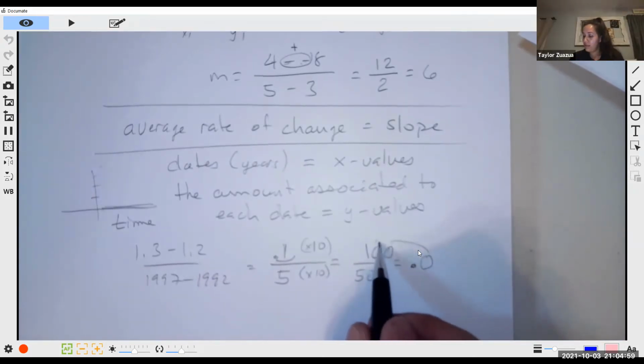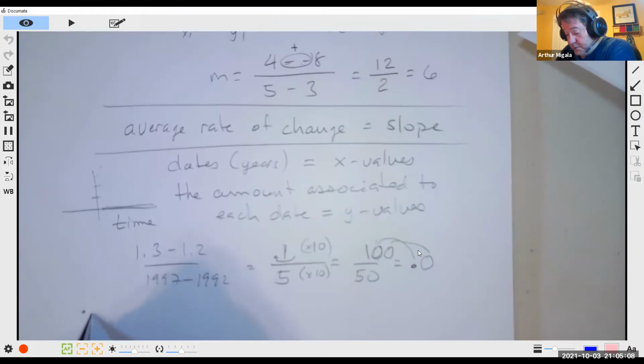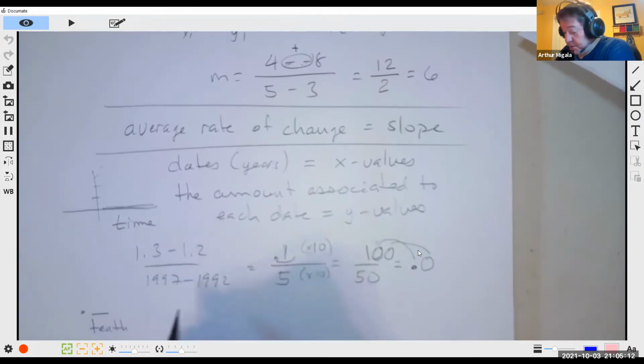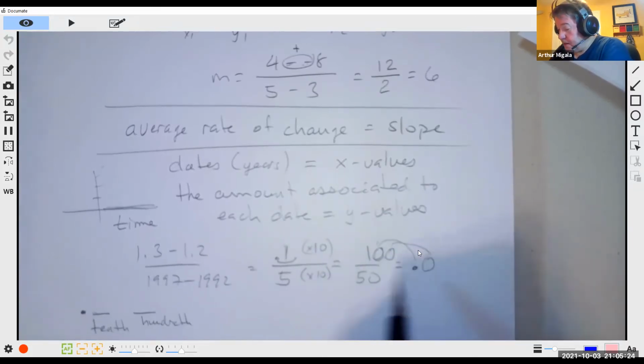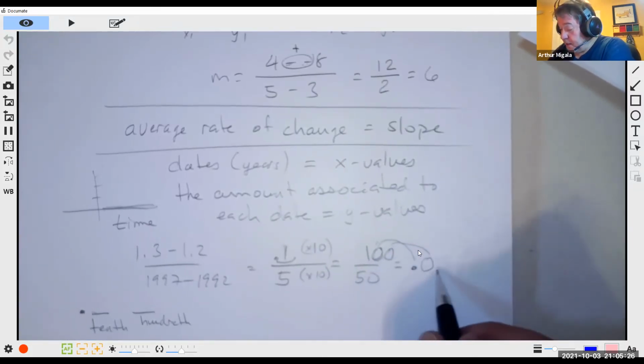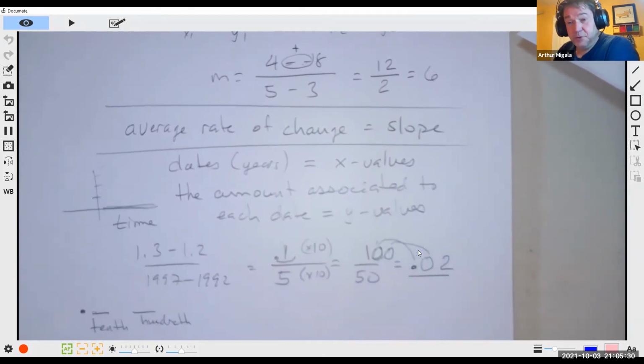Each of these corresponds to that. Notice in the decimals, the first number is the tenths. The next number is the hundredths. There is no oneths. So that's the reason, when we put a decimal there, it puts the first zero. 50 goes into 100 twice, so the answer is 0.02.